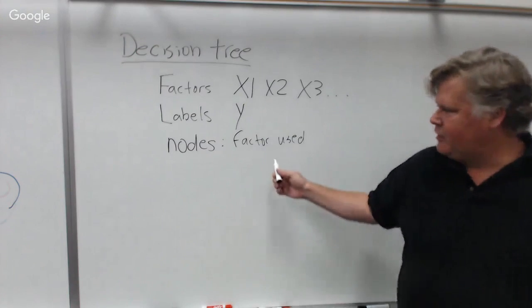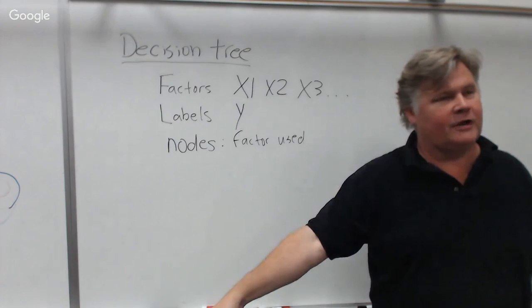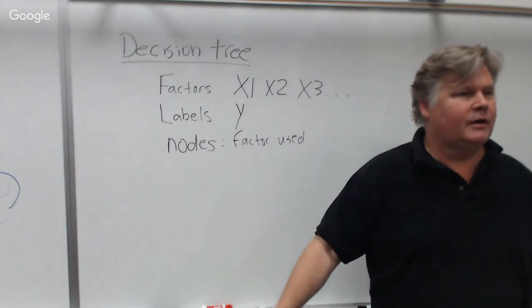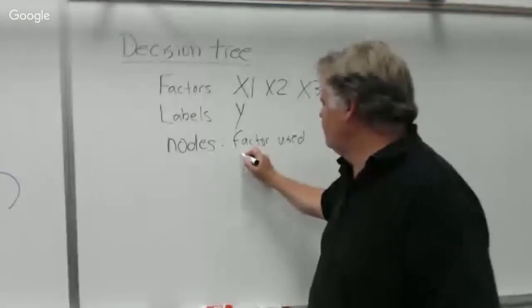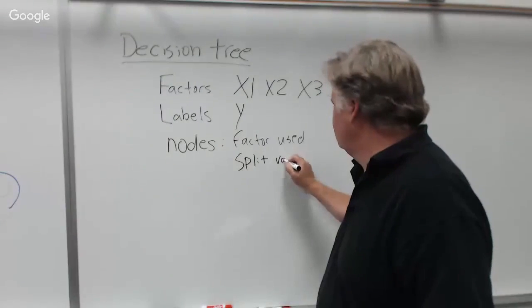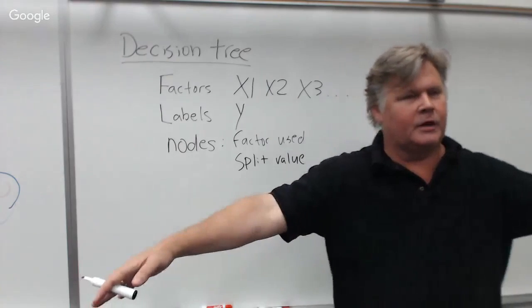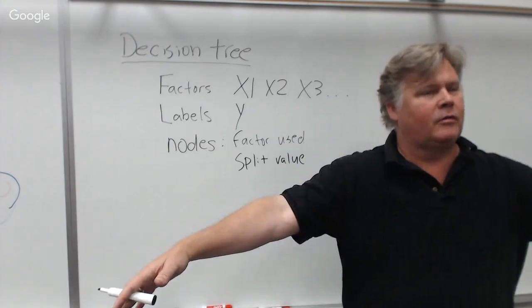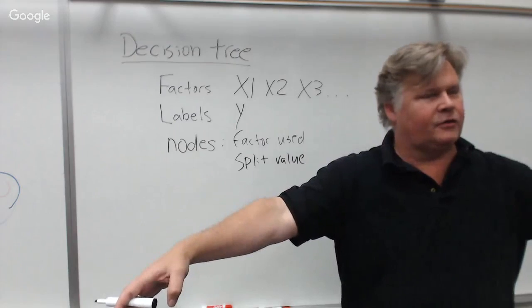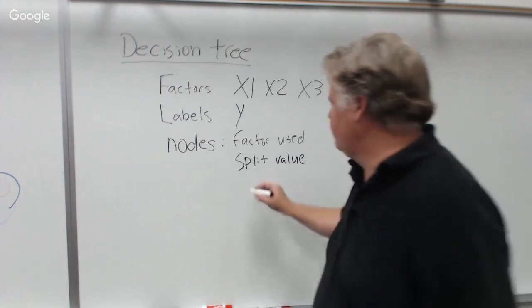So we're looking at a particular value, and then we're going to go one way down the tree if it's less than or equal to that value, and another way down the tree if it's greater than that value. And also, coming out of the nodes are essentially edges pointing us to the next nodes to the left and the right.